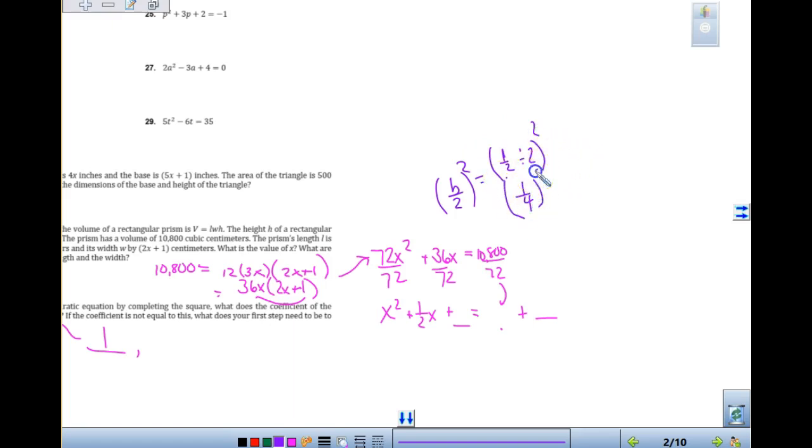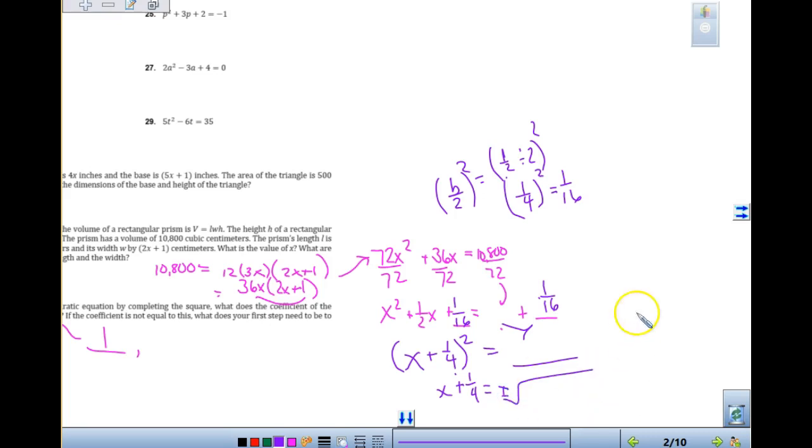It's going to be a positive 1/4 squared, which means I'm adding 1/16 to both sides, right? So this is my 1/16. As you're answering 32, this is kind of what you're looking at. This should be x plus 1/4 equals, when you added those two, x plus 1/4 equals the positive and negative square root.